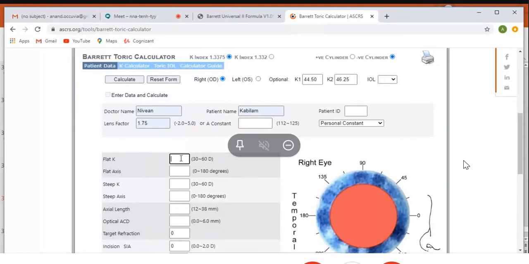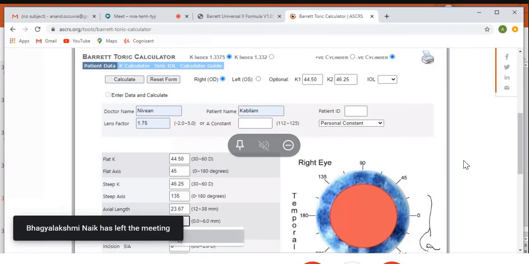Here, if you take the corneal flat curvature value as 44.50, then you want to select the axis of the flat axis also. So I am selecting 45. And the steep axis is 46.25. Steep axis is 135. Okay, so the axial length of the patient is 23.67.